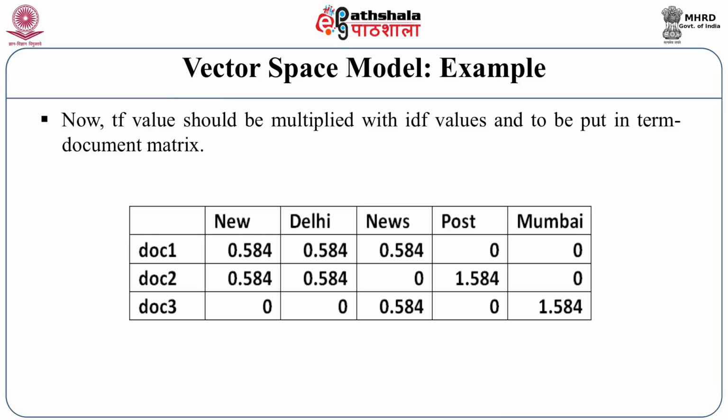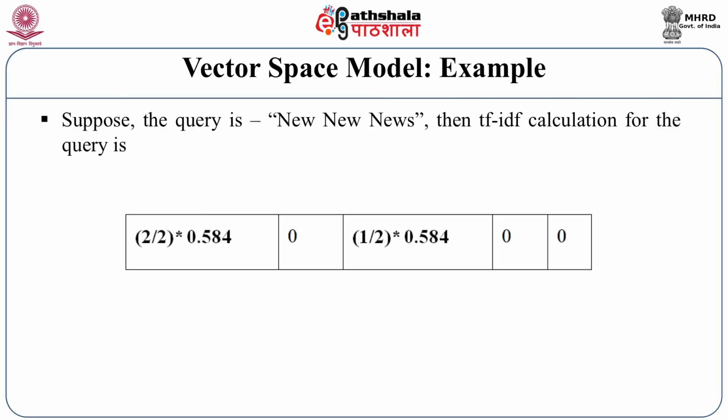Document 2 for the term new is 0.584, and likewise. Now I am calculating the query value. Suppose my query is new news.